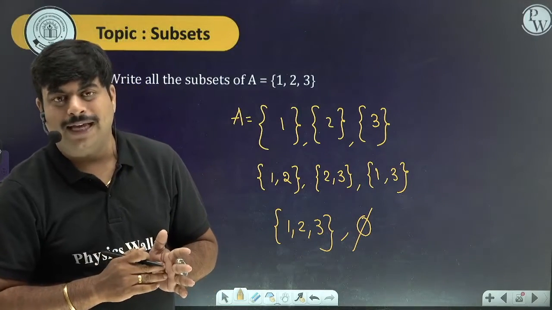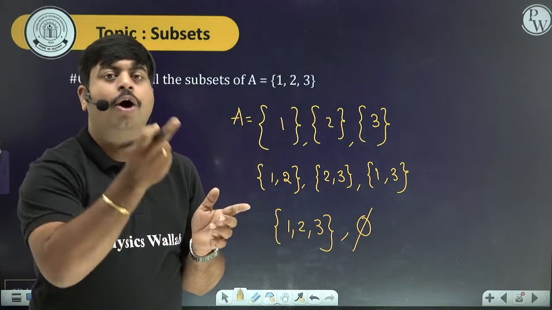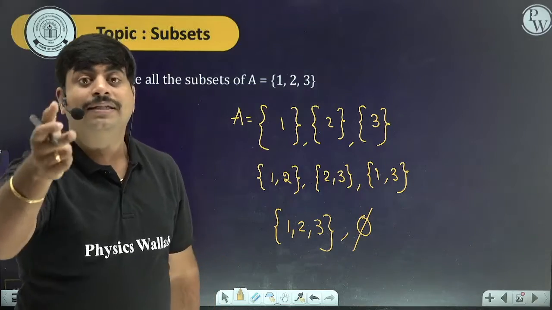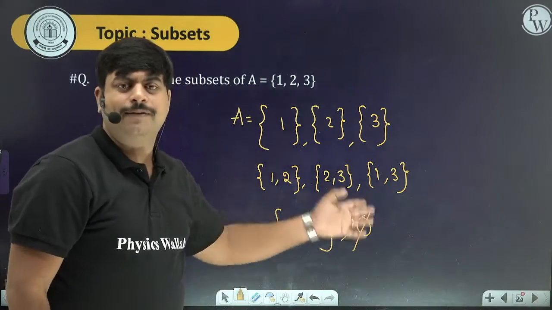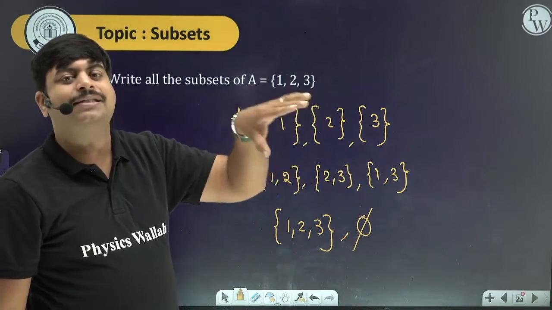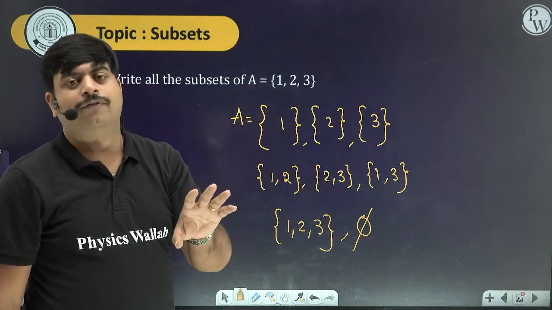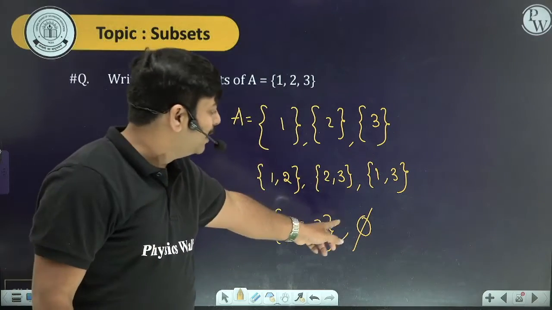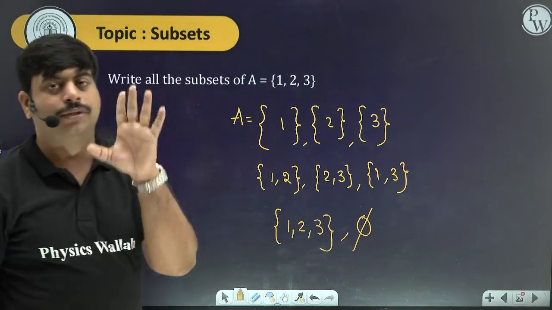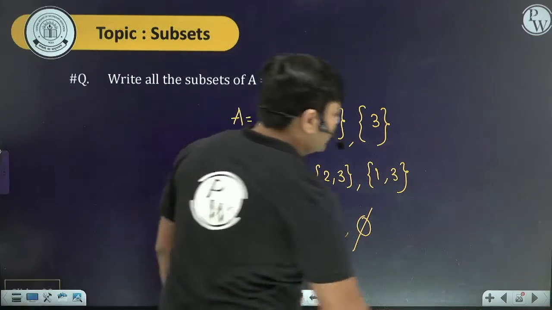Sometimes the question will be given as write down all the non-empty subsets. When it is asked non-empty, you should not include this, because that is the empty set. Then you should be very careful. But if it is asked to list all subsets, you need to write even ∅ also. Don't get confused. Okay, right, people.